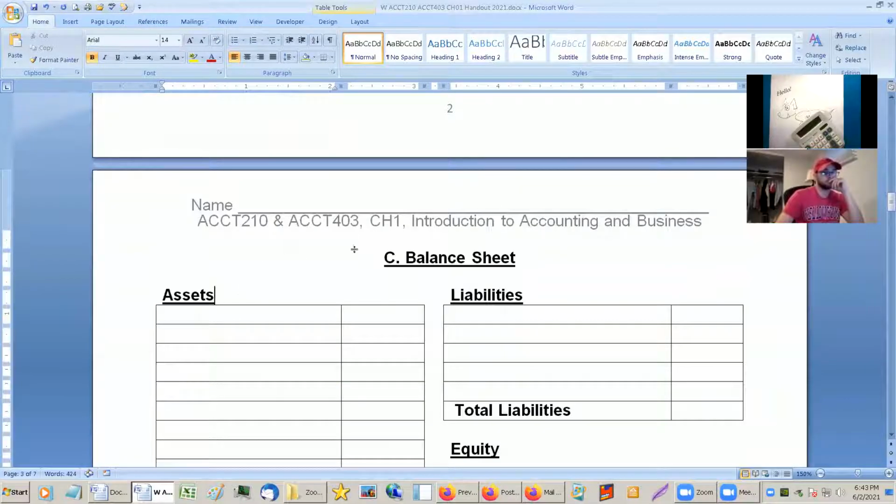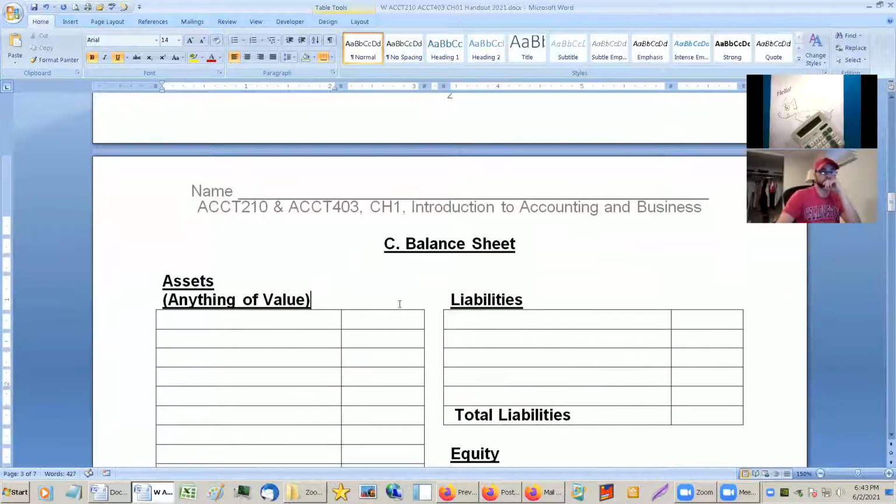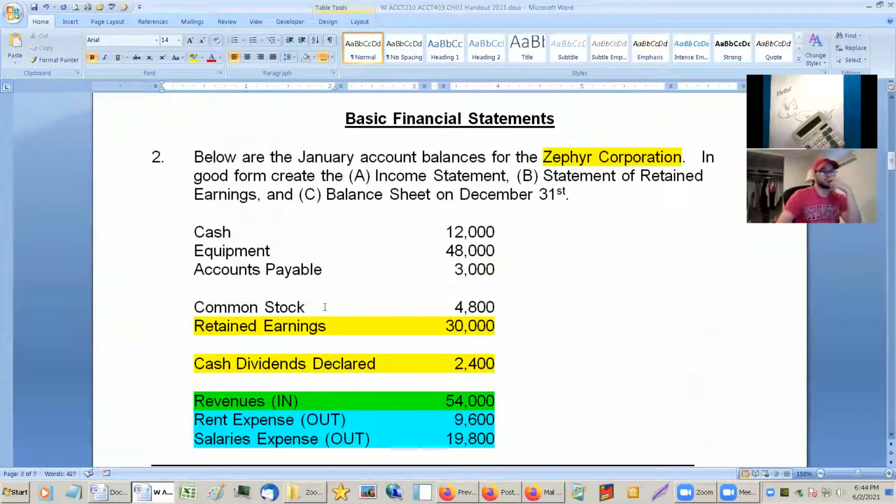Okay. Let's go to assets. And what are assets? Assets are anything of value, anything that has a value to it. So let's go back up here to our accounts.